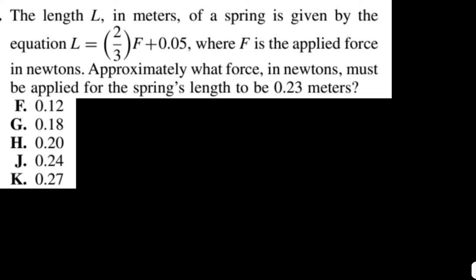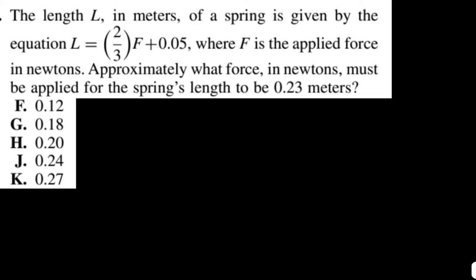The length L in meters of a spring is given by the equation L equals 2/3 F plus 0.05, where F is the applied force in newtons. Approximately what force in newtons must be applied for the spring's length to be 0.23 meters?